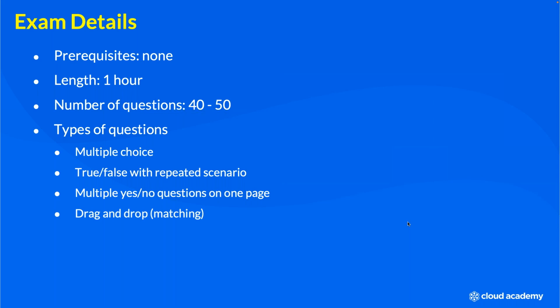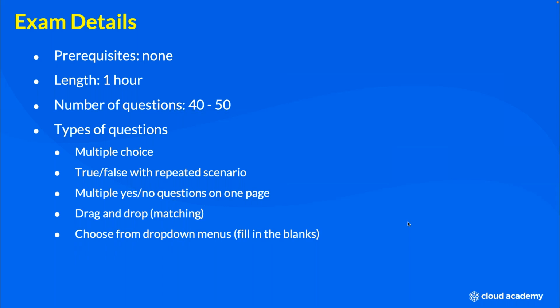And they have drag and drop, which is a little bit hard to describe, but I'll actually show you an example of this when we get to the sample questions. But it's where you actually use your mouse to drag some text or a little text box from one side of the screen over to another to fill in a box somewhere or a blank or whatever.